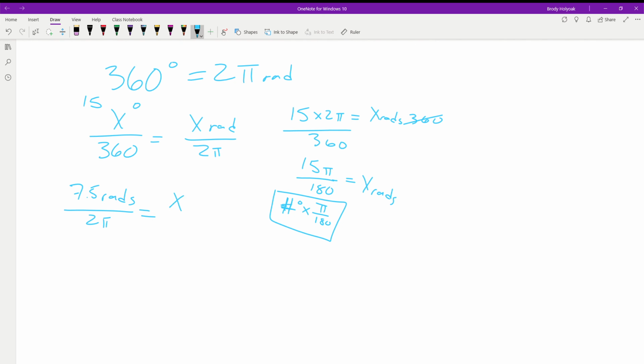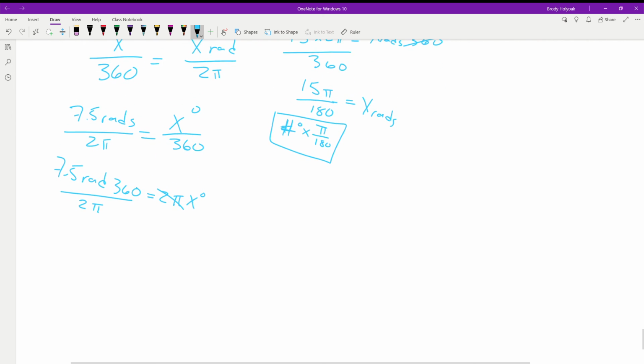The other way is if we have, say, 7.5 radians over 2 pi is equal to X number of degrees over 360. So we have 7.5 radians times 360 is equal to 2 pi times X degrees. All I'm doing is cross multiplying to get rid of the fractions. Divide both sides by 2 pi.